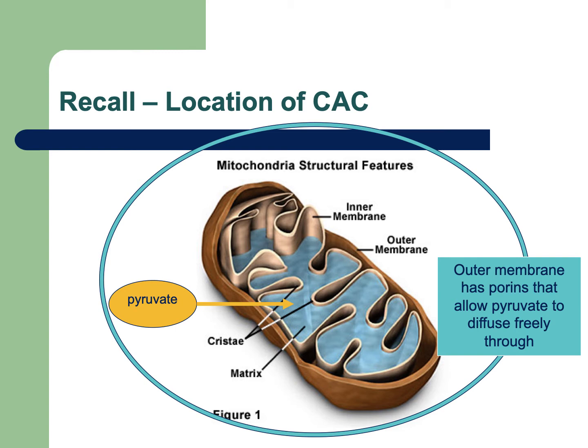It's good that the outer mitochondrial membrane has porins, which are small holes. Because pyruvate is only a small molecule, 3 carbons, it can freely diffuse based on concentration gradients and a little help from a hydrogen symport through the mitochondrial membrane, which we'll talk about on the next slide.